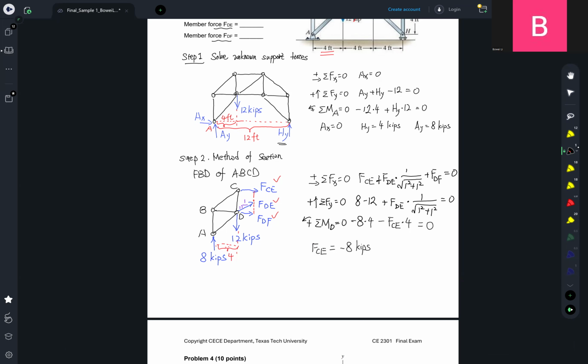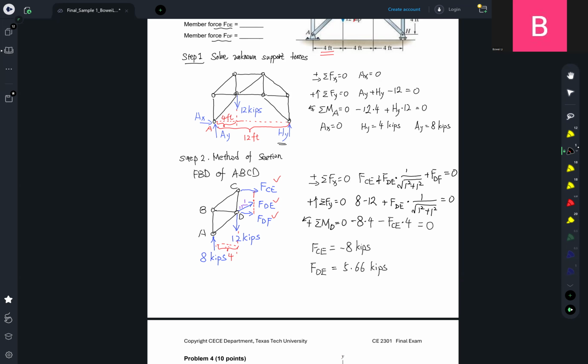Now if we go back to the second equation, since it has only one unknown, we can solve that. FDE equals 4 times the square root of 2, which is 5.66 kips.